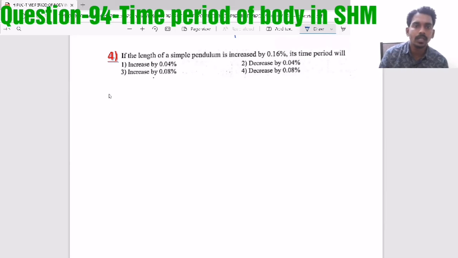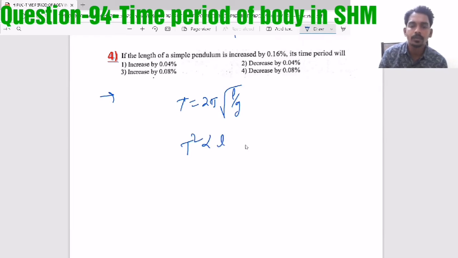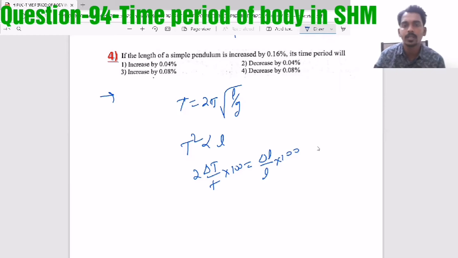Now next question, if the length of a simple pendulum is increased by 0.16%, its time period will? See, time period equal to 2 pi root L by g. Then T square is proportional to L. Then 2 into delta T by T into 100 equal to delta L by L into 100, because the percentage change is very less.